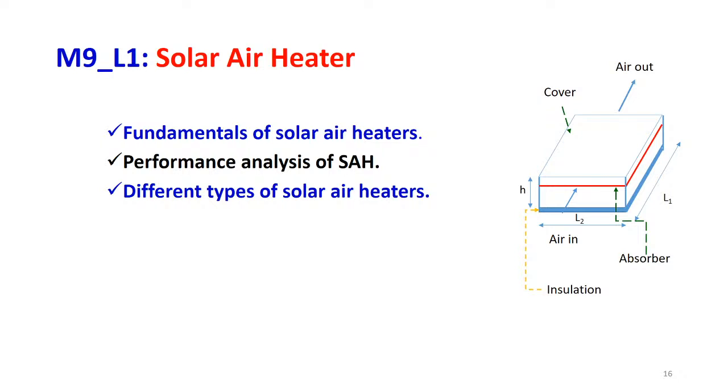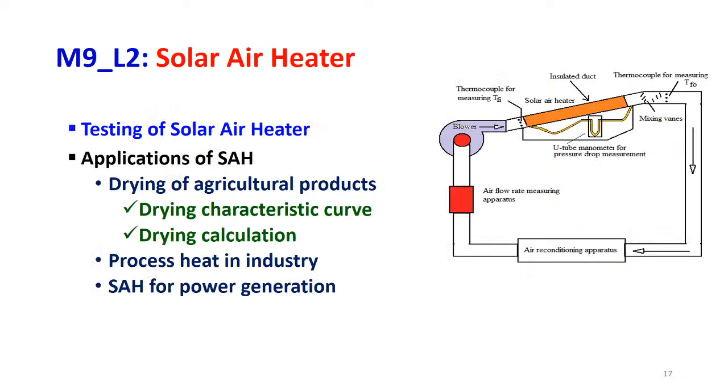And in module 9, in lecture 1, basically we have introduced the fundamentals of solar air heaters, then performance of solar air heaters, and then what are the different types of solar air heaters. In module 9, lecture 2, we have primarily discussed solar air heater testing and then applications of solar air heaters.